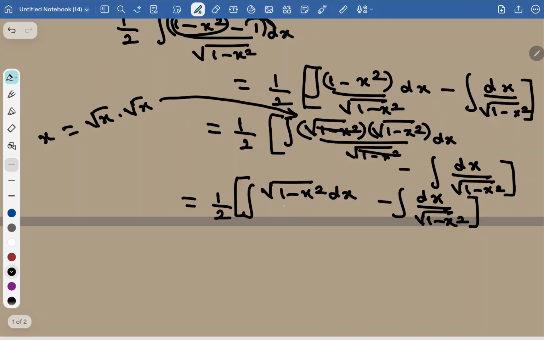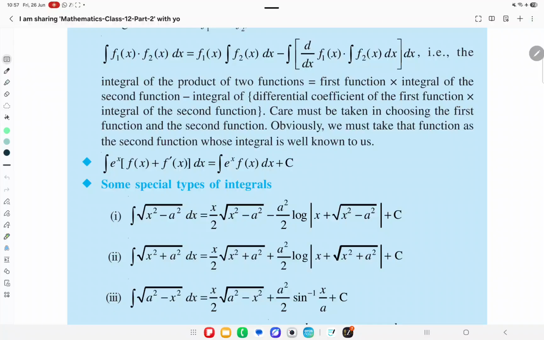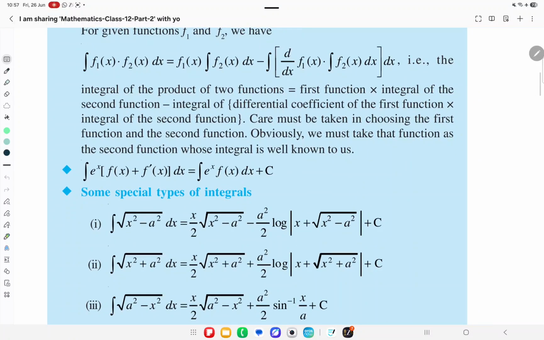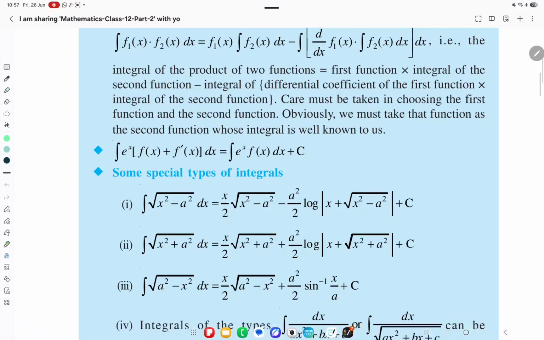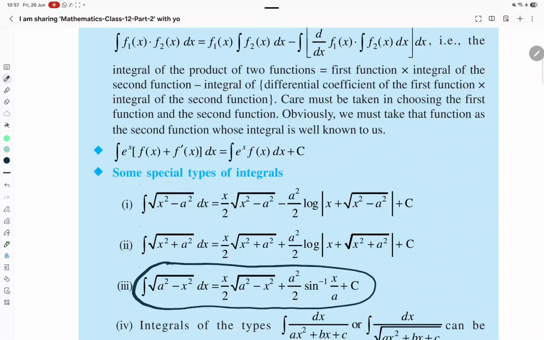We have to apply the formula for this one and for this one. I am going to use this formula for integral root of 1 minus x square dx.